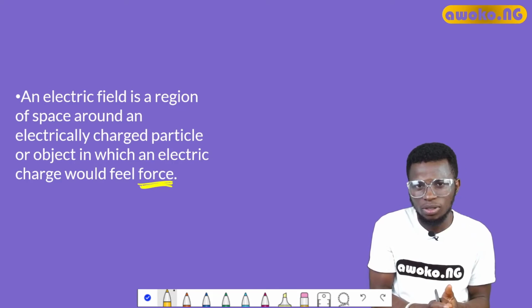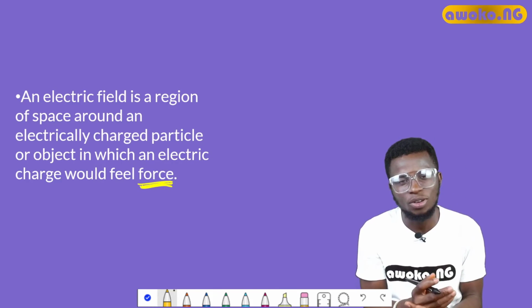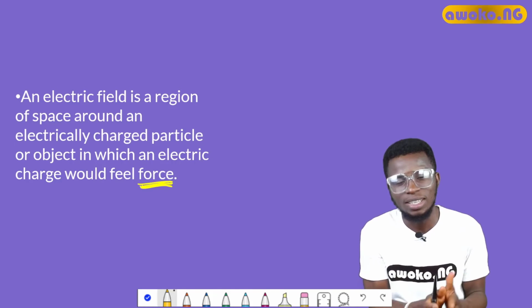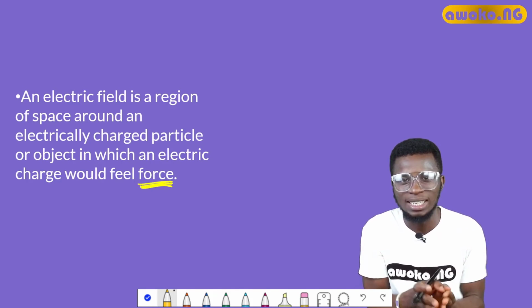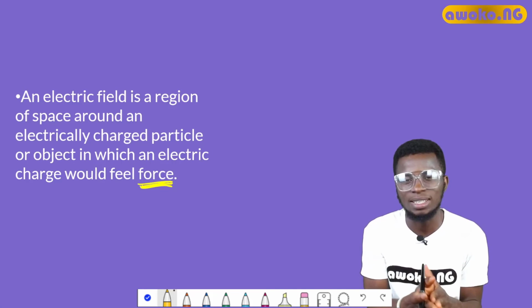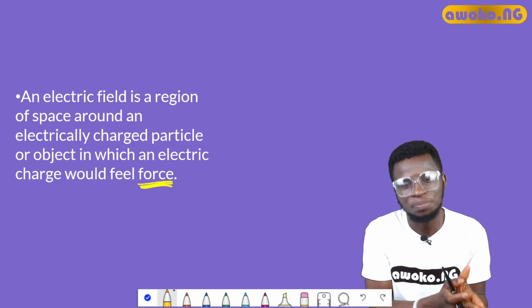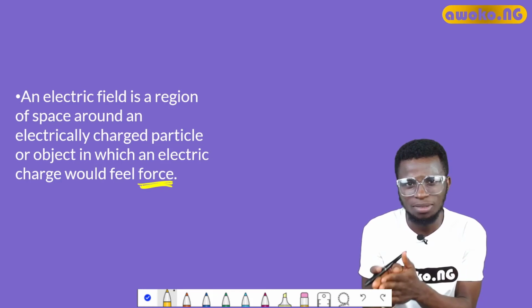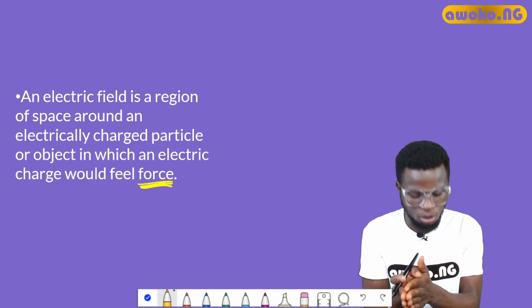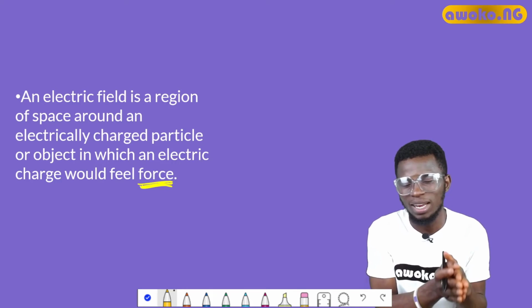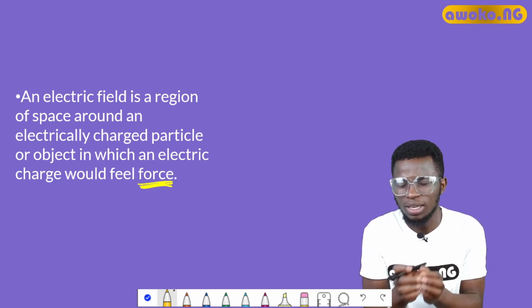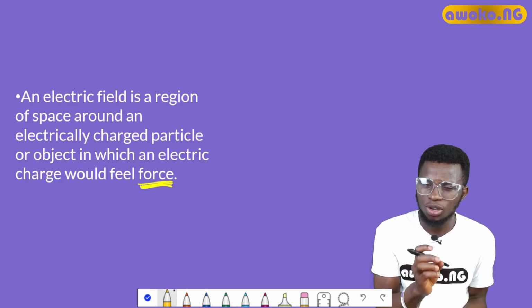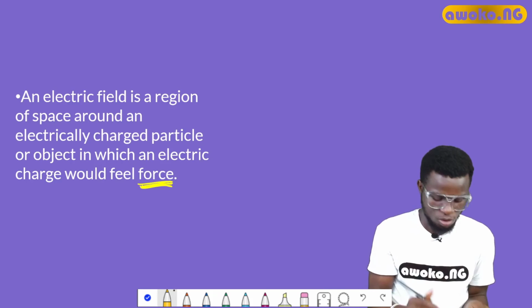And force, like we know from Newton's second law of motion, is the product of mass and acceleration. Mass is a scalar quantity, while acceleration is a vector quantity. That makes force a vector quantity. And if electric field deals with force, invariably we can deduce that electric field is also a vector quantity.